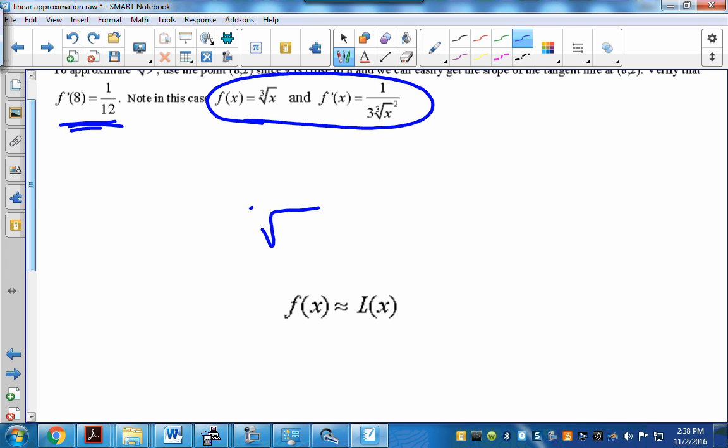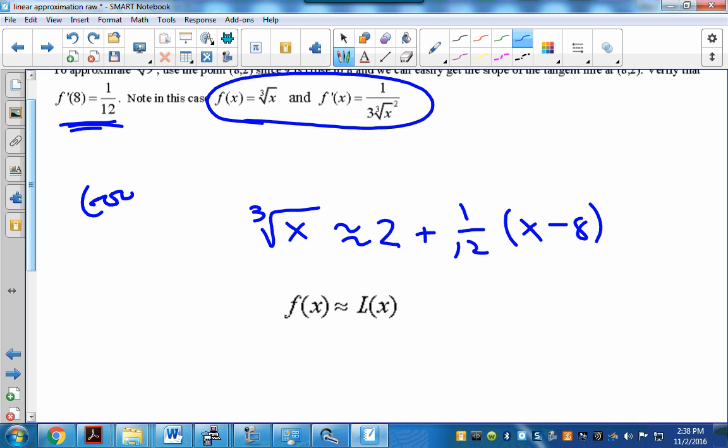The cube root of x is approximately 2 plus 1/12 times (x minus 8). This is good for numbers near 8. Good for x values near 8. Right? Anybody unsure where the equation came from?